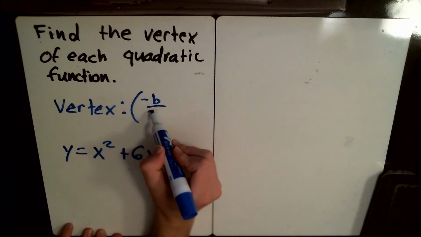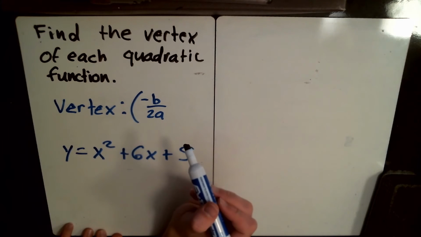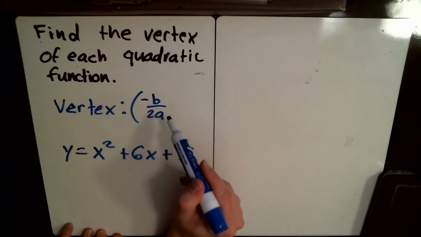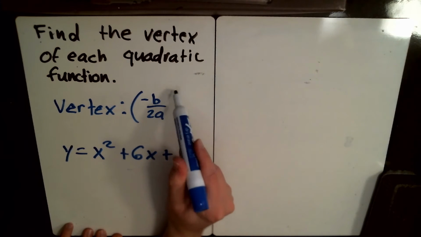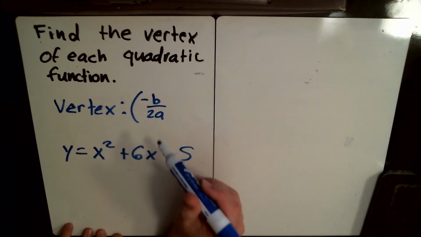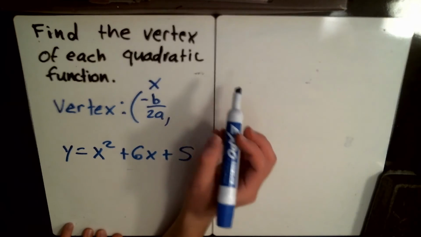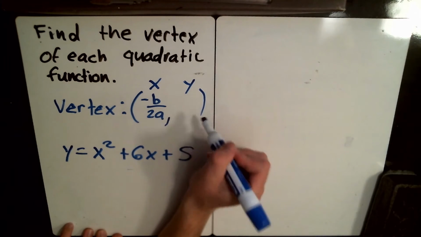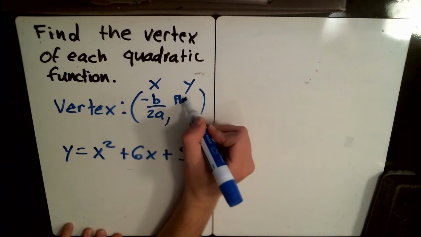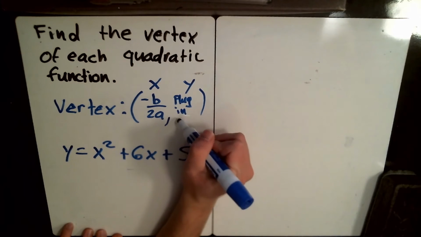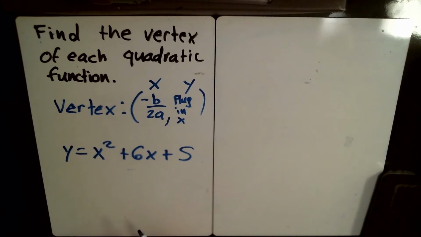It's negative b over 2a. Notice that shows up in the quadratic formula, right? It just doesn't have that square root part in there. And that's the x value of the vertex. For the y value of the vertex, you plug in the x value to get the y value.